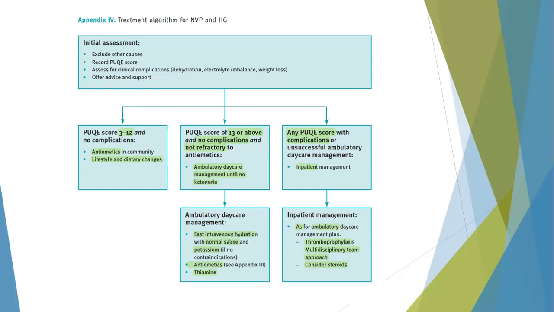If PUQE 13 or above, with no complication and not refractory to anti-emetic, ambulatory daycare until there is no ketonuria. Ambulatory daycare is fast intravenous hydration with normal saline and potassium, anti-emetic and thiamine.